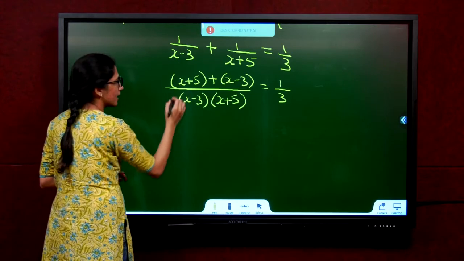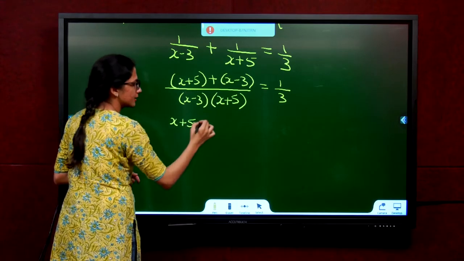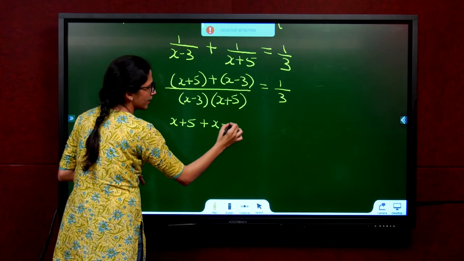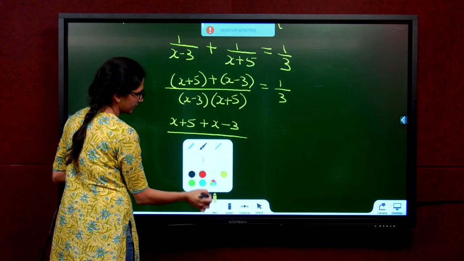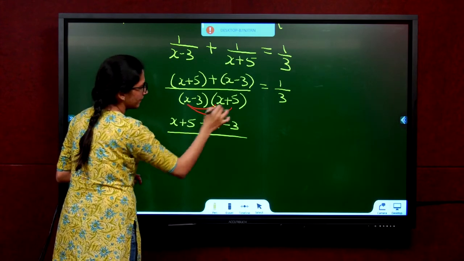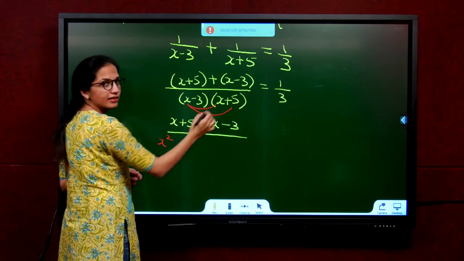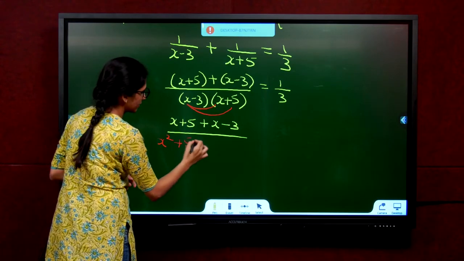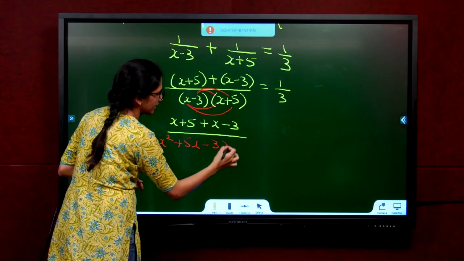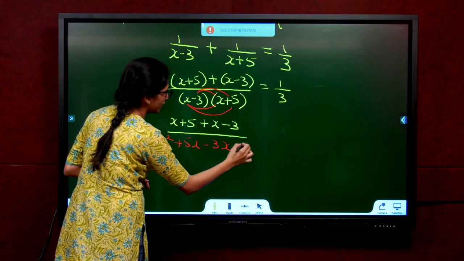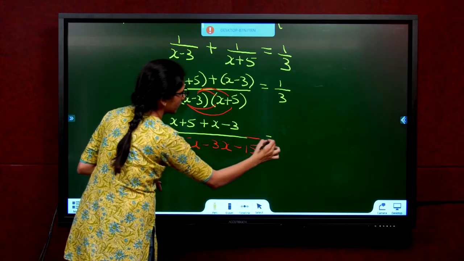Open brackets. x plus 5 plus x minus 3 divided by, please take one thing at a time. First we go with x: x into x, x square, x into 5, 5x, minus 3 into x, minus 3x, minus 3 into 5, minus 15 is equal to 1 by 3.